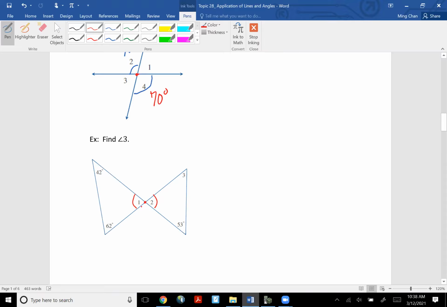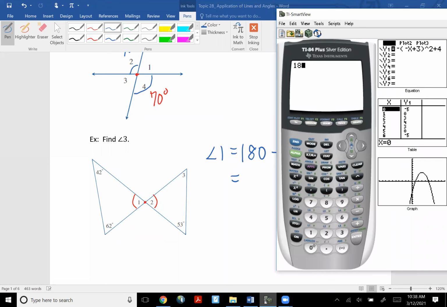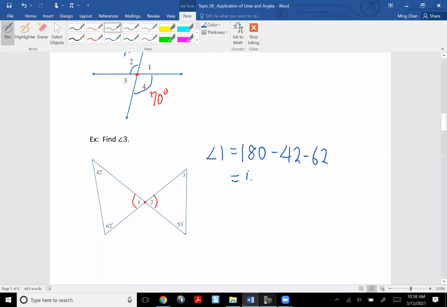Angle one is inside a triangle, and a triangle is 180 degrees, so angle one is 180 degrees minus 42 minus 62. So angle one is 76 degrees. Since angles one and two are congruent, angle two is also 76 degrees.